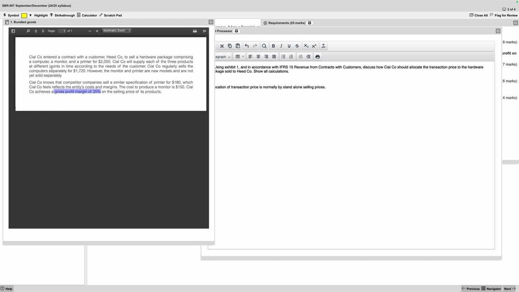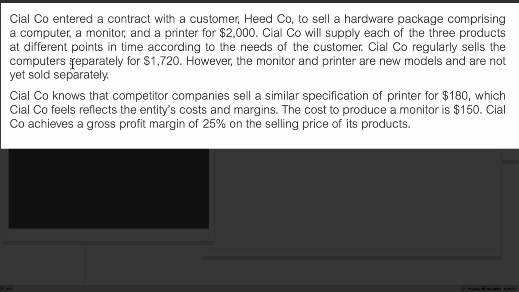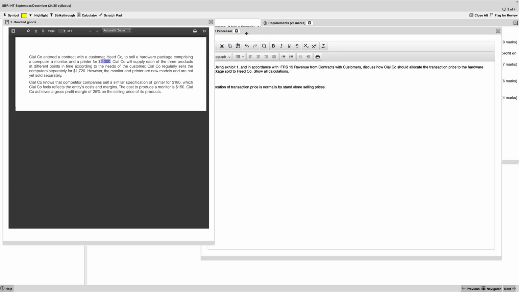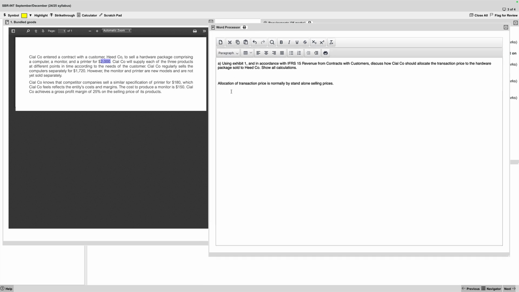So the question said, look at this exhibit. And it said, we're going to sell a hardware package which comprises 3 things. So we've got 3 products here: a computer, a monitor, a printer, and we're going to sell them all for 2,000. So I'm going to immediately set myself up with a little table here. I've got 3 products.